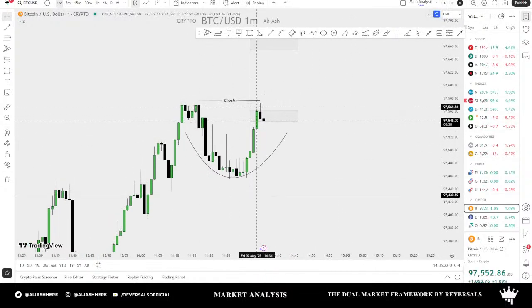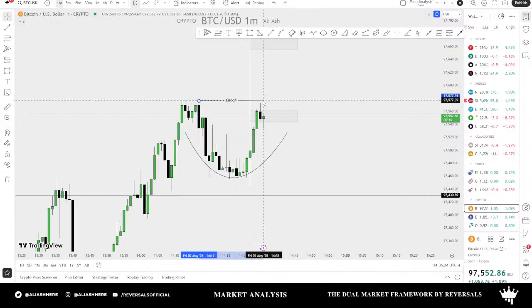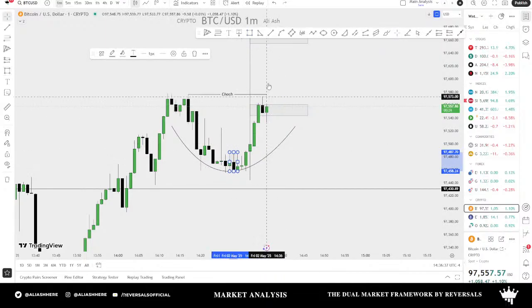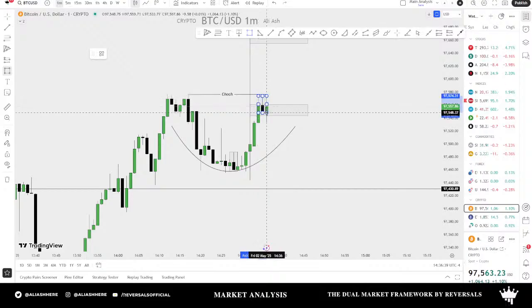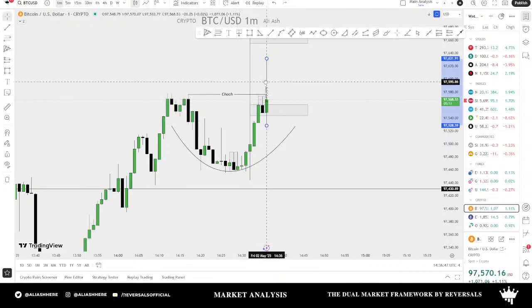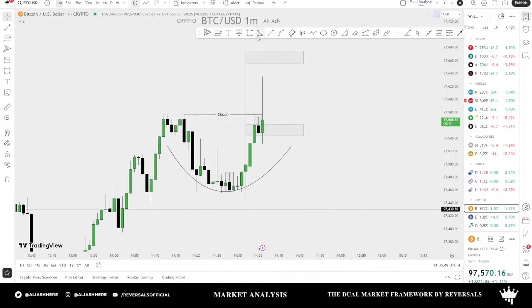It's rejecting this change of character, and this hammer. If you see this hammer and this hammer, it's almost the same, and with this we can expect the same structure. If we just use this demand as a TFC, it will be good to see. And again, you can say that seeing the demand. Okay.